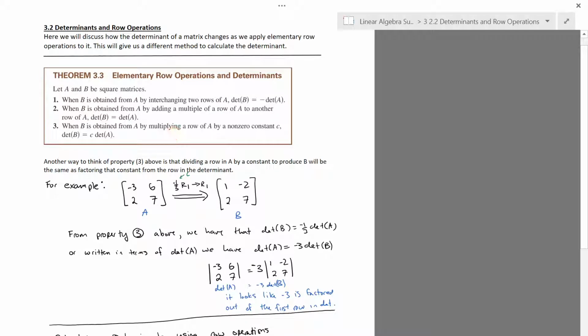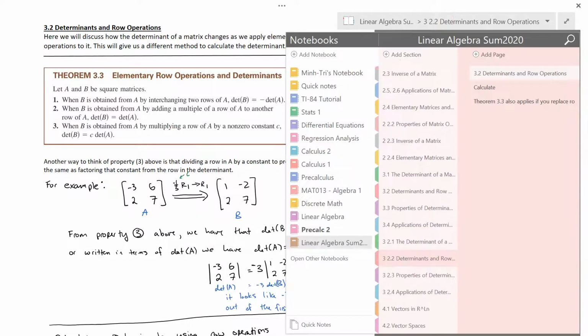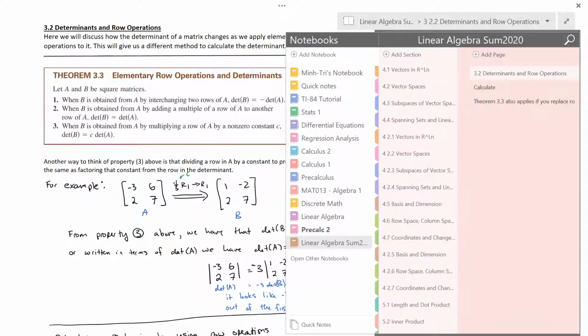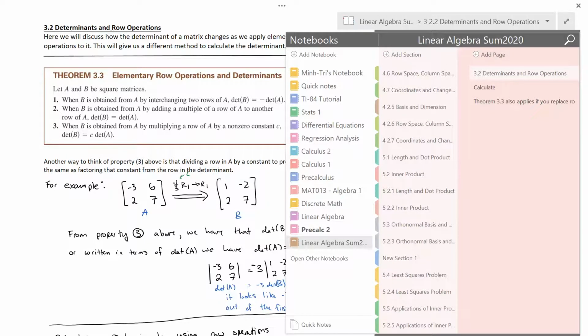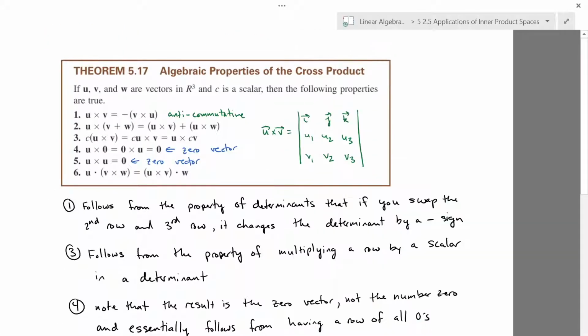These are the properties of determinants that we've discussed previously. Okay, so that's the anti-commutative property. And then property 3, c times u cross v.